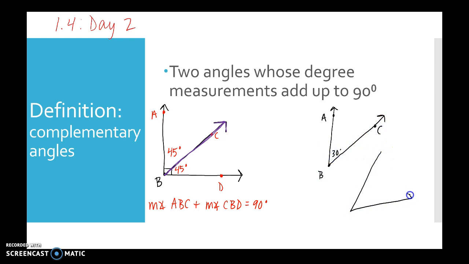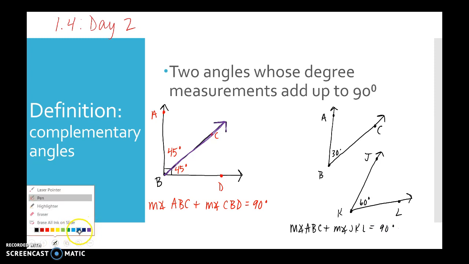And then I could have an angle JKL, and if I make the measure of that angle 60 degrees, then these two angles are also complementary for the same reason. The measure of angle ABC plus the measure of angle JKL, they add up to 90 degrees.